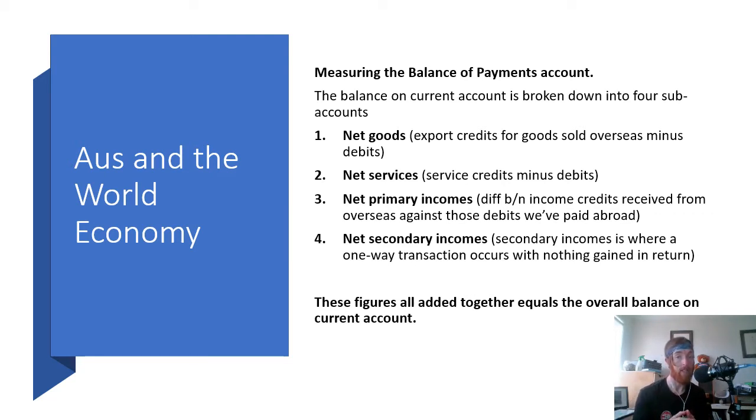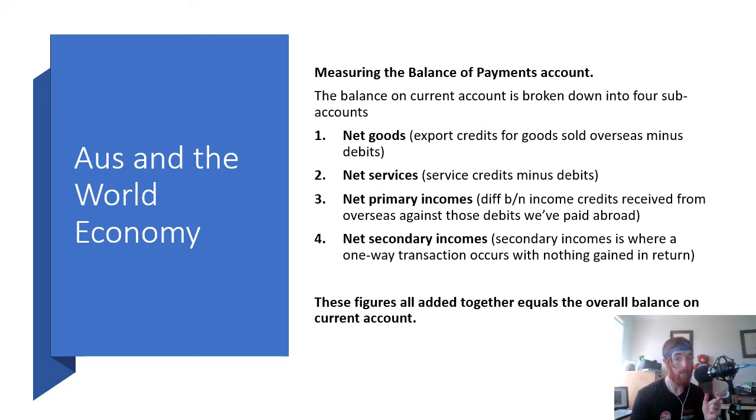Where the net primary incomes account gets a little bit more complicated is that it's also where we include our interest repayments on foreign debt. So one of the biggest reasons why the net primary incomes account is always negative is because the interest on our $1 trillion foreign debt is calculated there. So the interest we repay on $1 trillion, which is a significant amount, is a debit here, and therefore this net primary incomes is often one of the biggest reasons why the current account is either in deficit or just this section is negative, because we're paying so much interest on foreign debt.